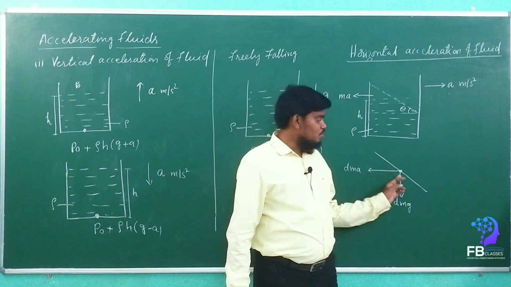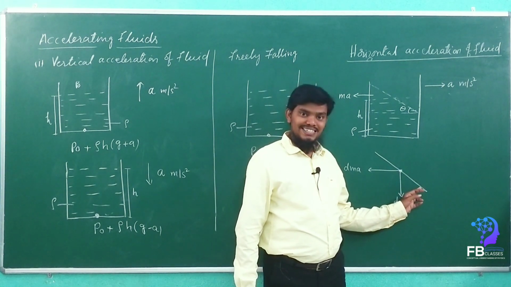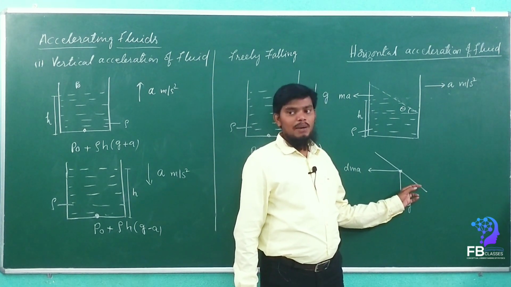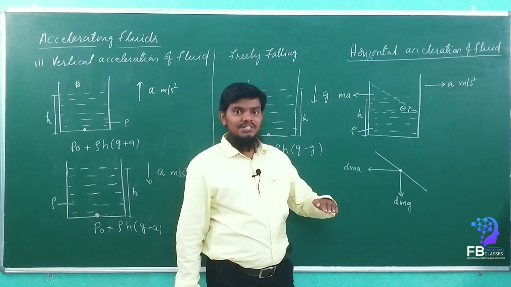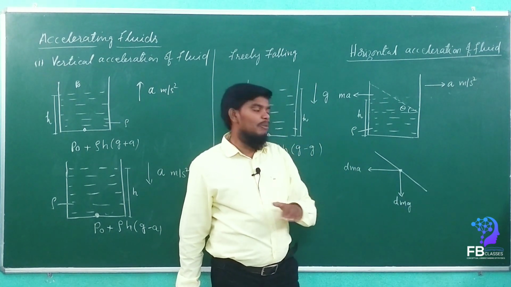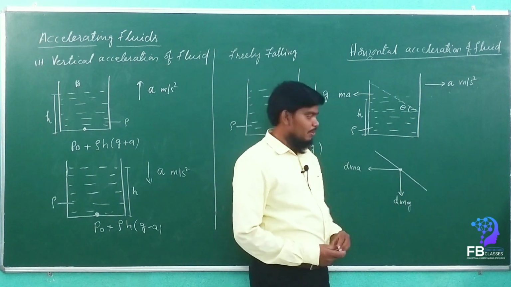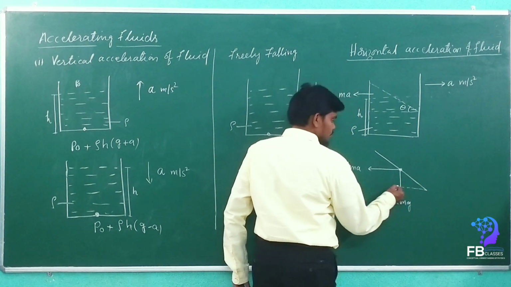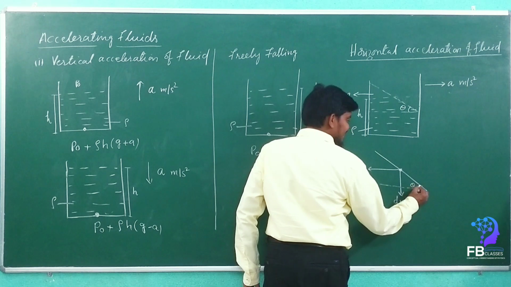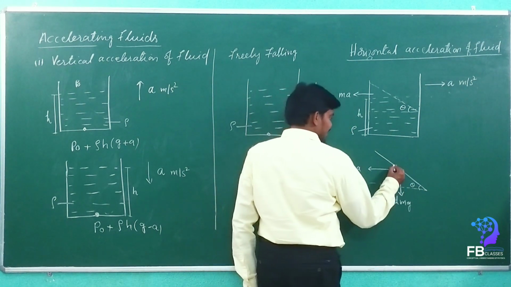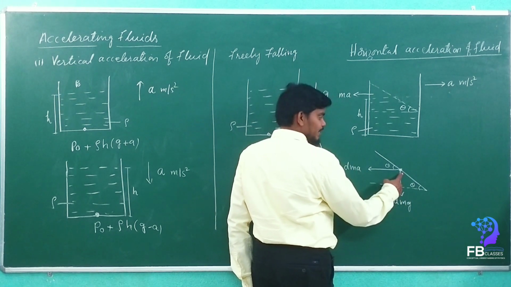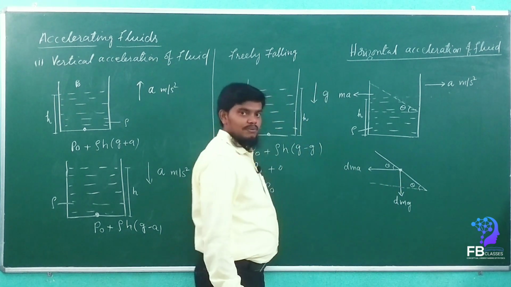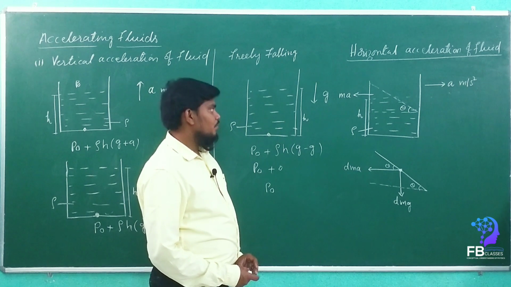Now if it comes to the equilibrium position in this direction, then the net force on all the particles on the surface of the liquid should be 0. Are you getting my point? See, let me see here now. If this angle is theta, then this angle is also theta. This is theta. This is 90 plus theta. Are you getting my point? Yes or no?